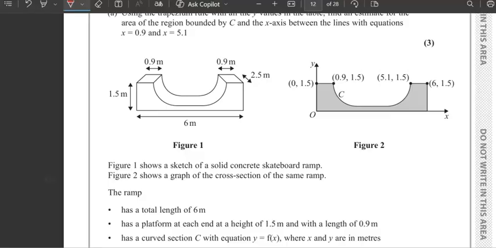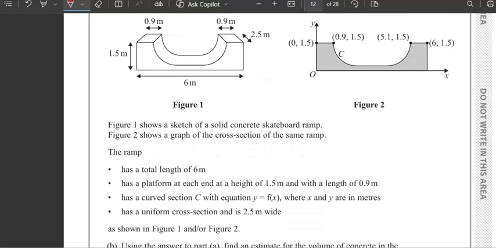The ramp has a total length of 6 meters, has a platform at each end at a height of 1.5 and with a length of 0.9 meters, has a curved section C with the equation y equals f of x, where x and y are in meters, has a uniform cross section and is 2.5 meters wide, as shown in figure 1 and figure 2.